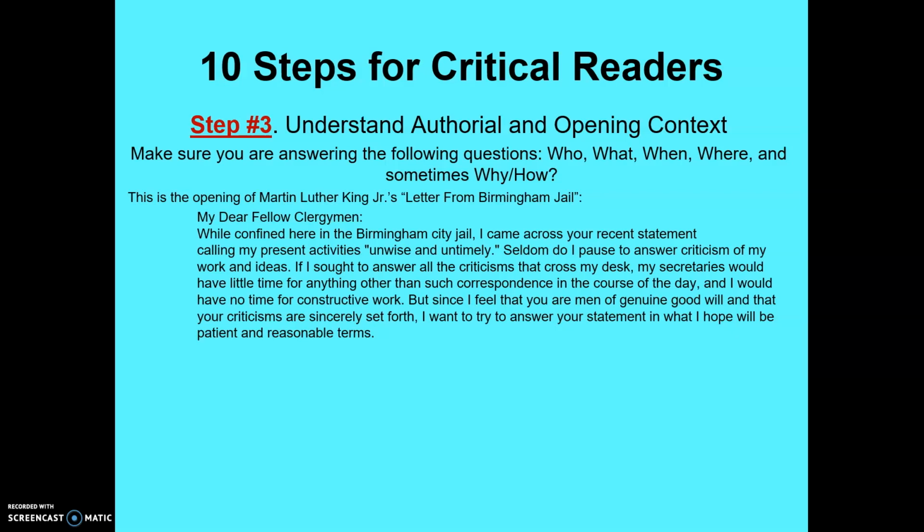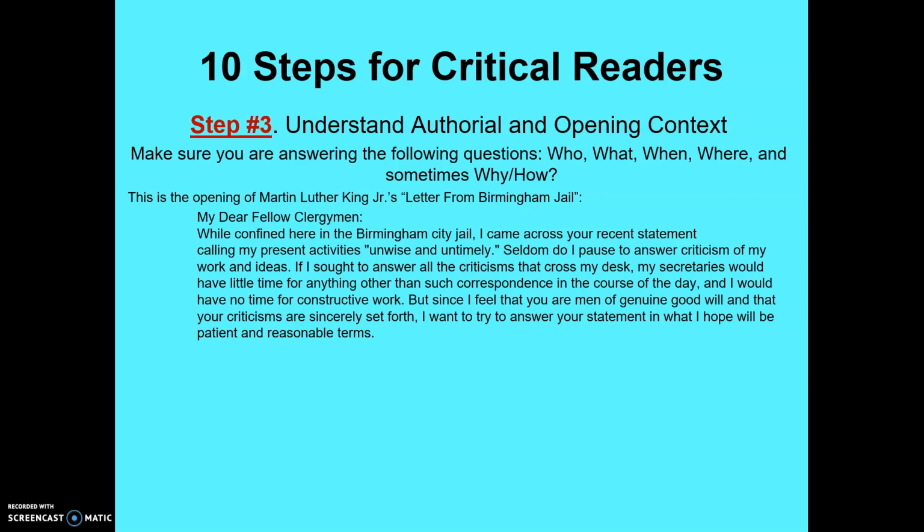But since I feel that you are men of genuine goodwill, and that your criticisms are sincerely set forth, I want to try to answer your statement in what I hope will be patient and reasonable terms." And then, of course, he goes on with the rest of his essay.